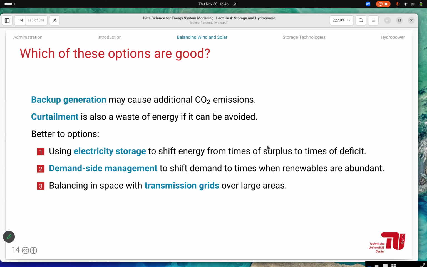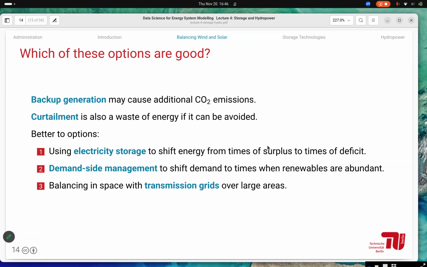That leaves us with potentially some better options, or some options that we at least should scope. So using electricity storage to shift energy from times of surplus to times of deficit, the demand side management that was mentioned by some of you, as well as another way of balancing in space. Storage and demand side management balance in time because they move demand or energy from time to time, and we also balance in space with transmission grids over large areas.